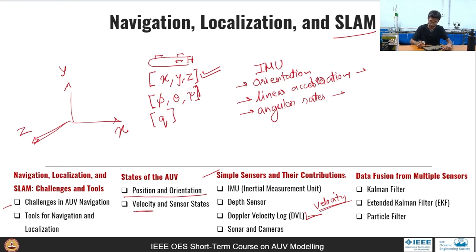There are various data fusion algorithms such as the Kalman filter, the extended Kalman filter, which is the non-linear version of the Kalman filter algorithm, and a more generalized variant of it, also known as the particle filter, which doesn't restrict the underlying distribution of the data to be present in any specific probability mode. So these are the key ideas behind the navigation, localization and SLAM module.